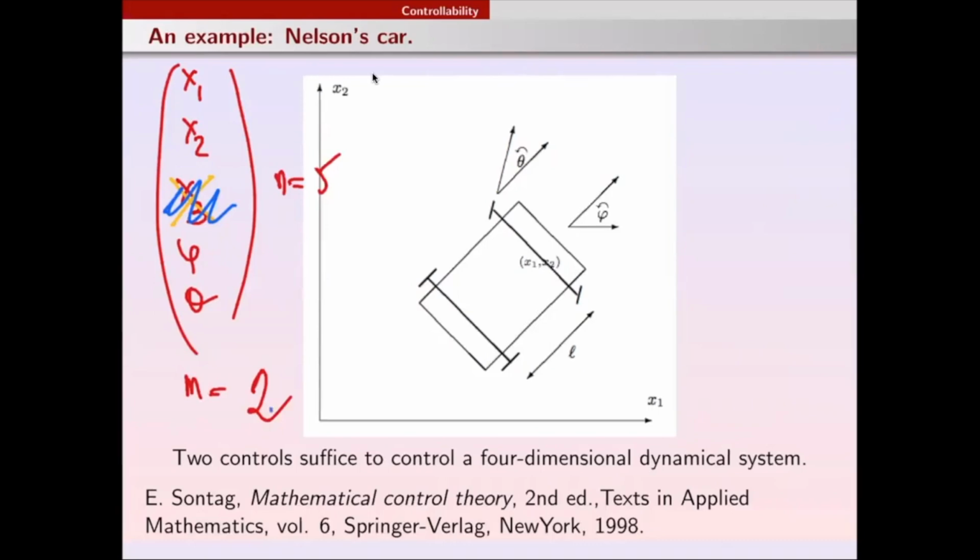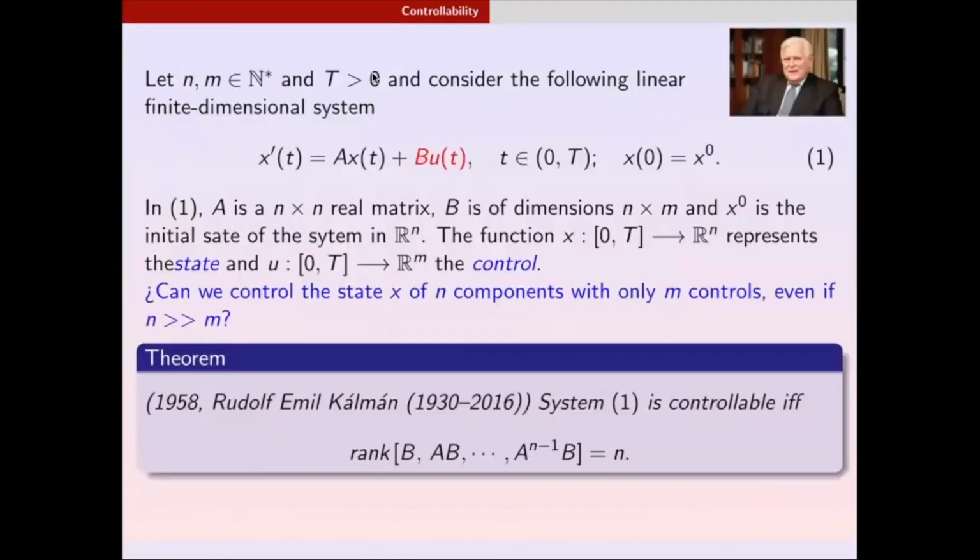So with m equal to 2, I can guarantee the control of 4 components, but not of 5 components. I don't solve anything by embedding these dynamical systems into 3 space dimensions, because whatever I do, the rank I will get will be 4.